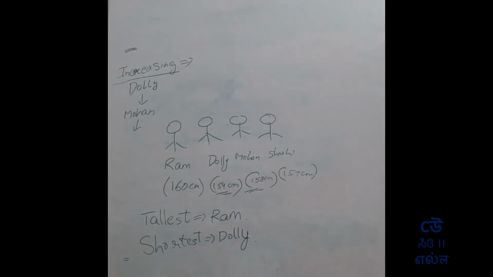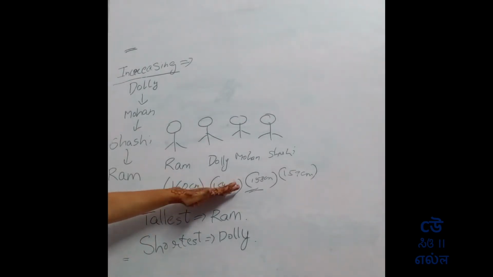Who is the shorter? Shashi is shorter. Okay. After Shashi, who will stand? The remaining person, Ram, will stand. So height keeps on increasing, right? It's starting from shortest to tallest. Okay. You will arrange these people in increasing order by seeing their heights.